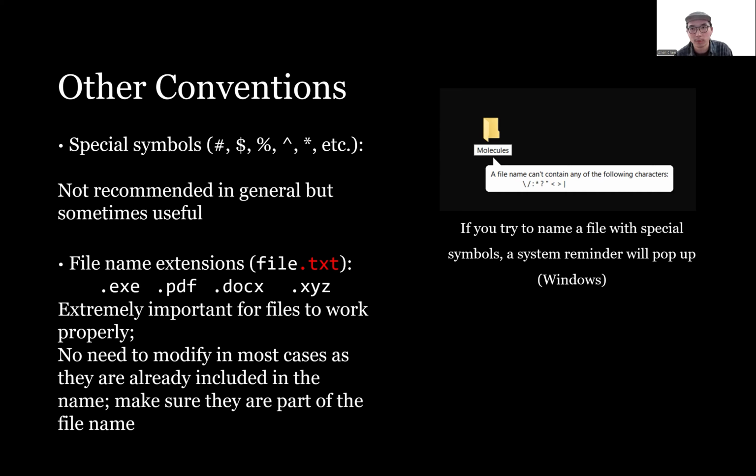In most cases, when you rename a file, just make sure you don't touch the part after that dot, because it is extremely important and has to be exact to make sure that files work properly. If you change it, you basically change your file to a different type of file that can be read by a different software or system, even if your file content is the same. So you really have to make sure they stay the way they are unless you want to change them.